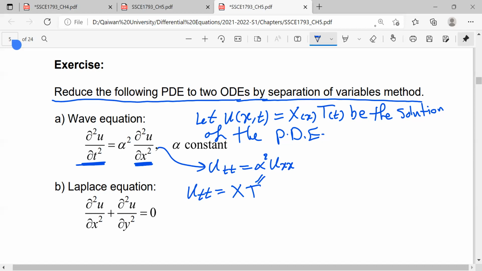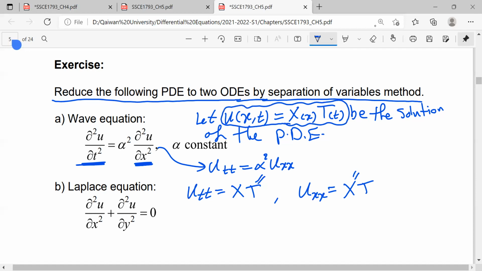We have t only in the function of t, and the derivative of T with respect to t is T prime, and the second derivative is T double prime. And u sub xx is X double prime T. Here, this is our solution u.